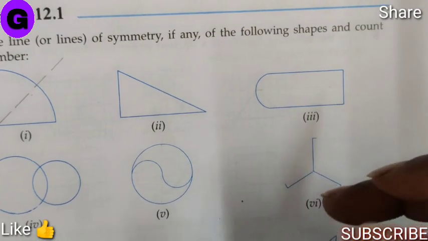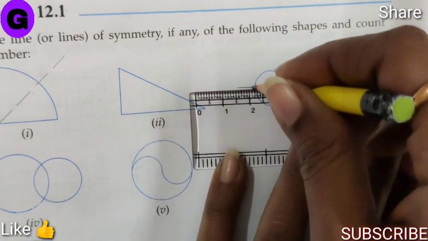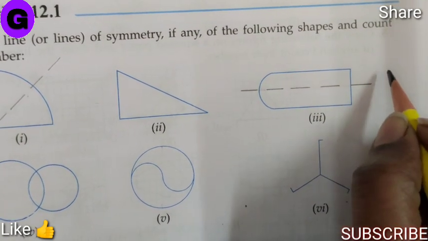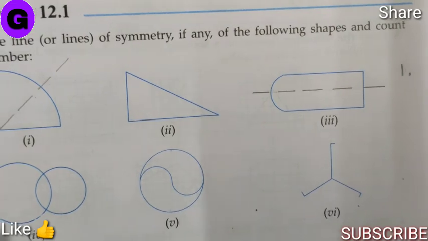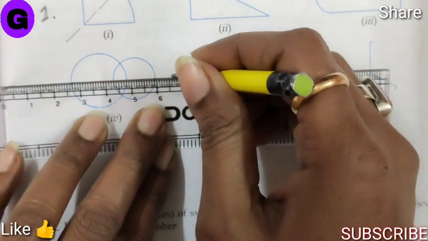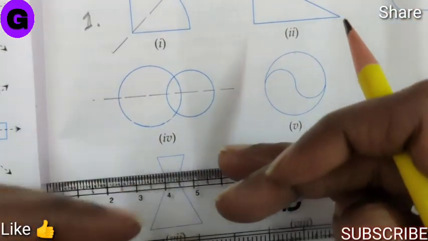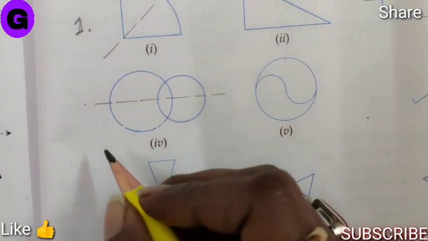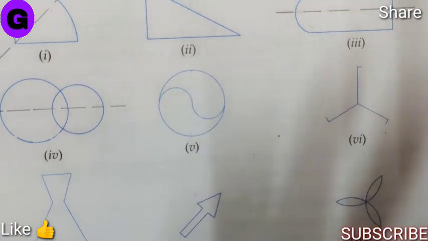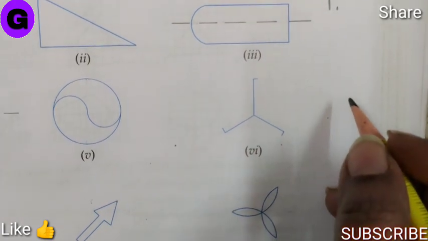In this figure, we can draw the line of symmetry in this way. Again, it has just one line of symmetry. This figure can be divided into two halves by drawing the line of symmetry like this. If we fold through this line, all the sides will be equal. Again, the number is 1. This figure, again, has no line of symmetry. Same case with this figure, no line of symmetry.